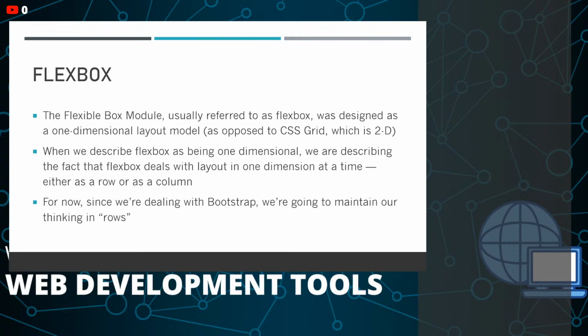But one of the great things about using it within the constructs of Bootstrap is that we are able to take advantage of the work that's already been done for us within the framework, so we don't have to worry about a lot of that complex CSS code. We just get to apply the easy stuff that's already been done for us.